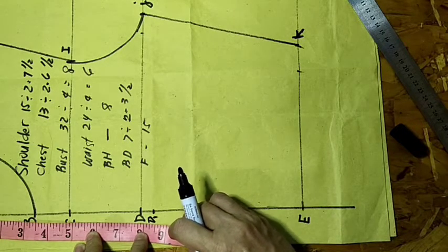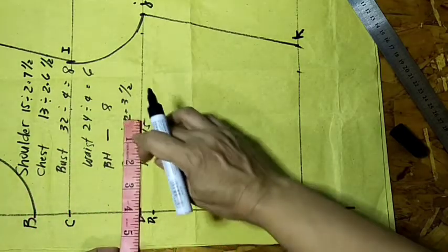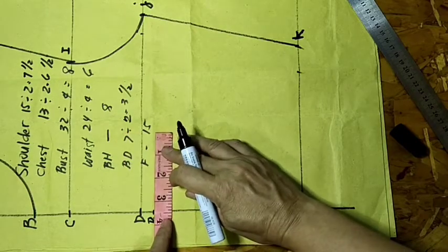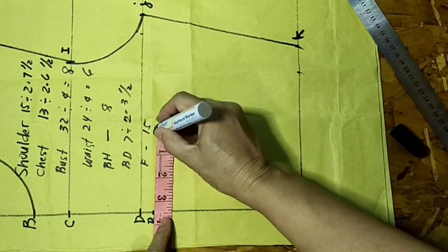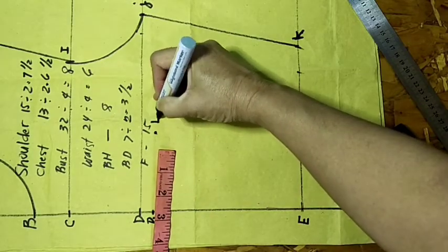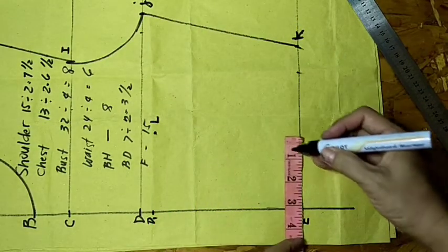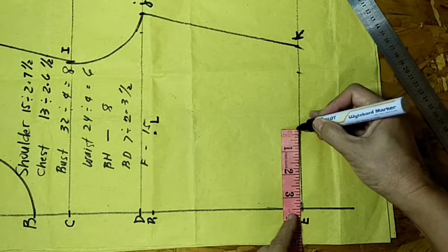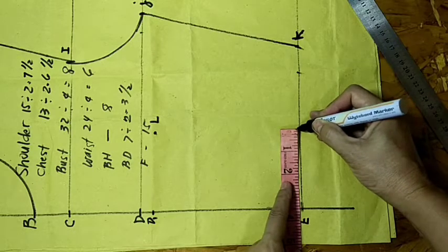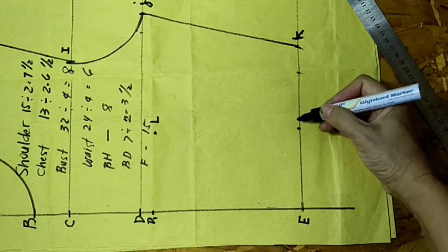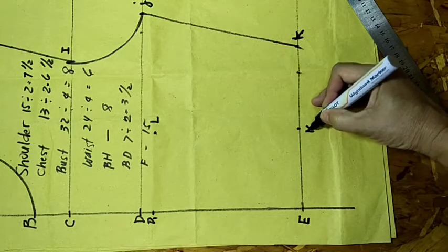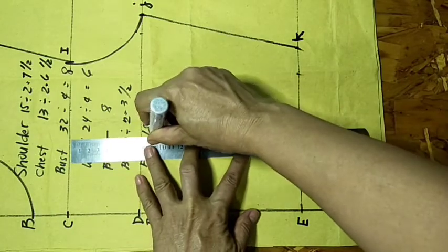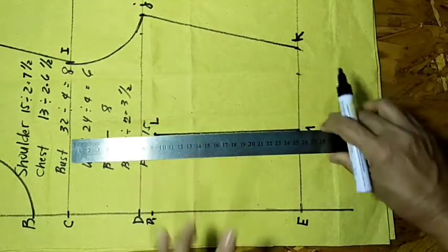Next, D1 to L. Okay, D1 to L, 1/2 of the bust distance. This is point L. Then, yung D1 ninyo at saka L, lipat nyo sa baba. This is magiging point M. Then, connect L, M. Okay.